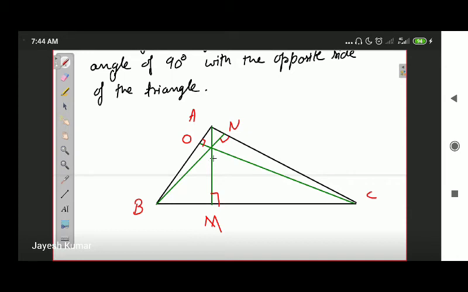As you can see, all three perpendiculars meet at the same point. Listen carefully to what I am saying. This point of intersection of all three perpendiculars is called the orthocenter. So what is an orthocenter?